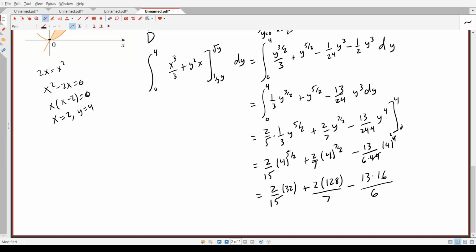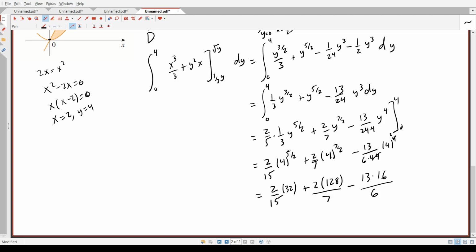So we have equals 2 times 32 divided by 15 plus 2 times 128 divided by 7 minus 13 times 16 divided by 6.